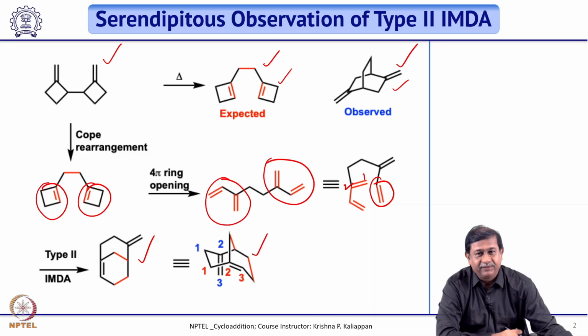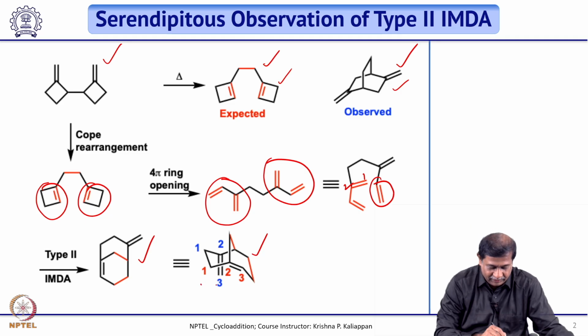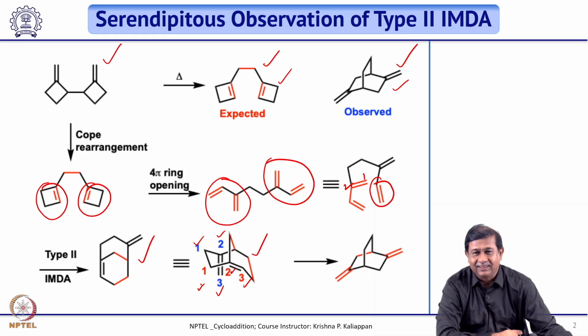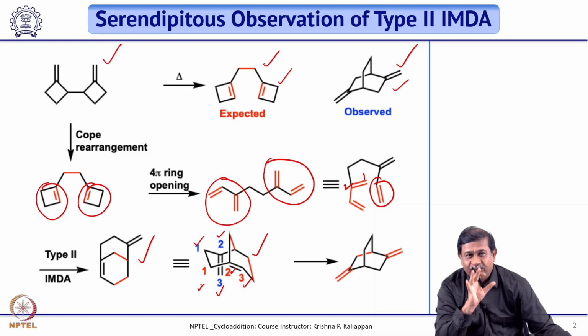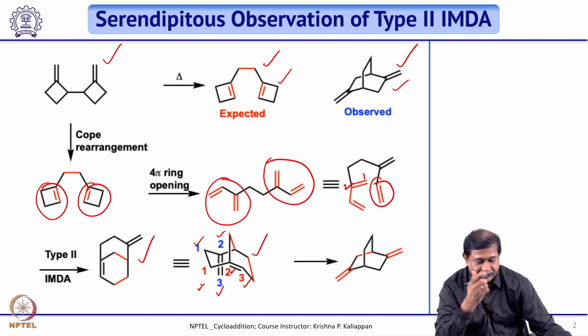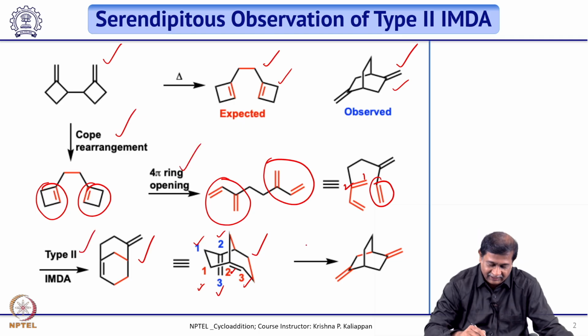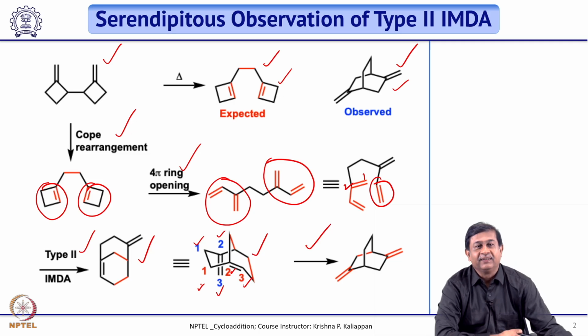When you look at this molecule, again you can see this can undergo another 3,3 sigmatropic rearrangement. So 1, 2, 3, 1, 2, 3. If this undergoes another 3,3 sigmatropic rearrangement, you will get this bicyclic compound. So basically, if you look at this whole reaction, it went through a Cope rearrangement, a 4-pi electrocyclic ring opening, a type 2 IMDA reaction, and again a Cope rearrangement.